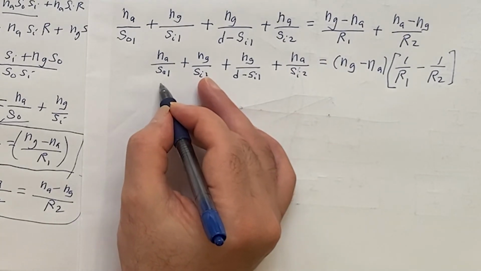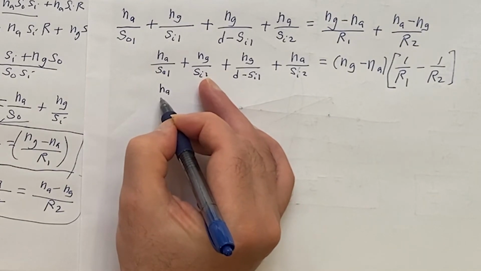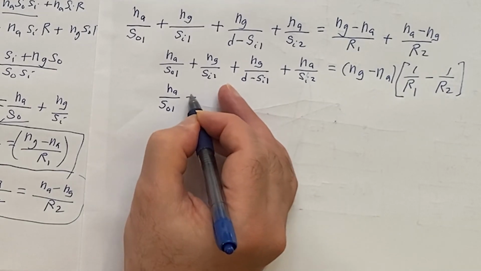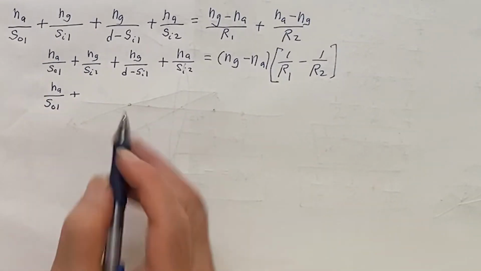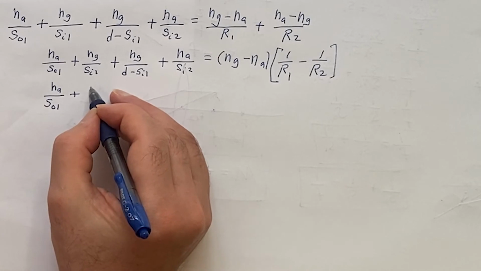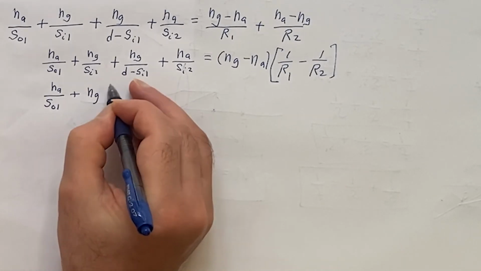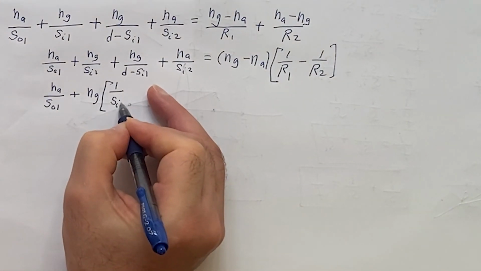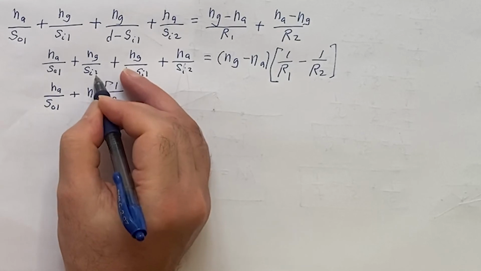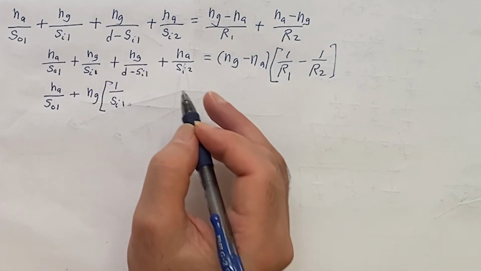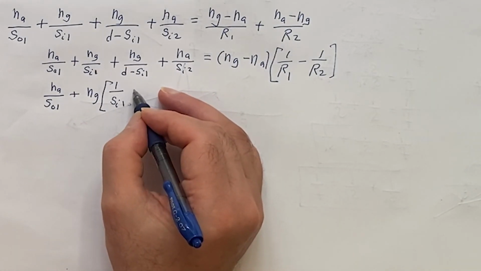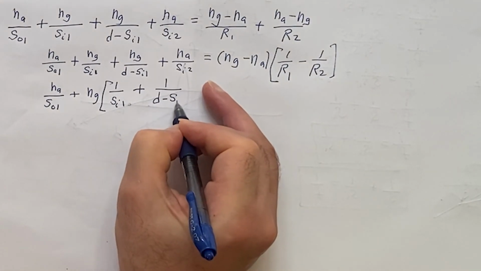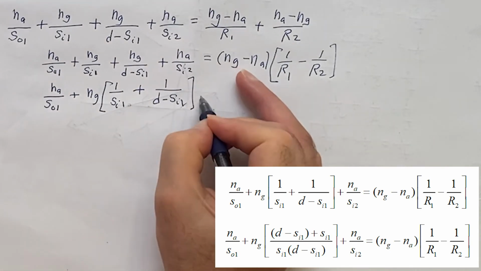Okay, so we come over here. This is Na over So1. Right, plus now I think we're good. We're good to go here. We just continue. And we factor out the Ng, 1 over Si1, right? There was a 1 there. And this is going to be plus 1 over D minus Si1, right?